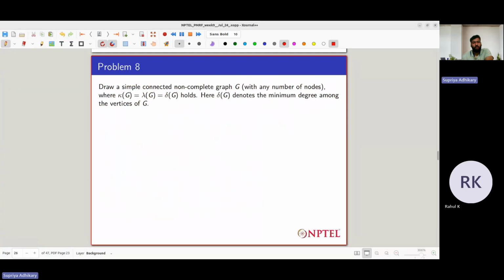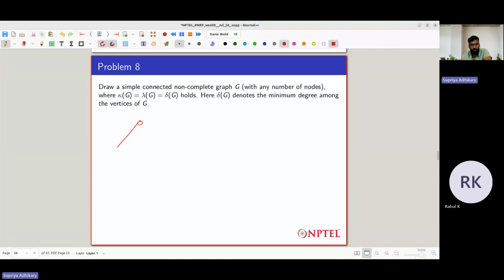So over here we have to draw a simple connected non-complete graph G, where the edge connectivity, vertex connectivity, and the minimum degree are all the same.